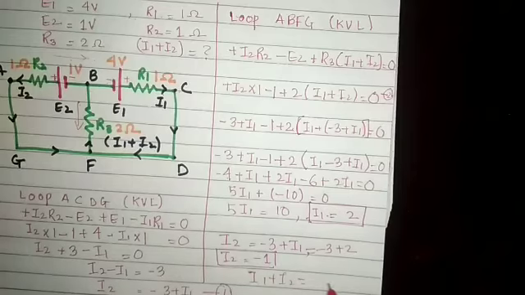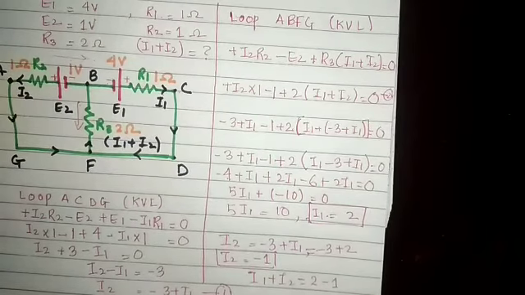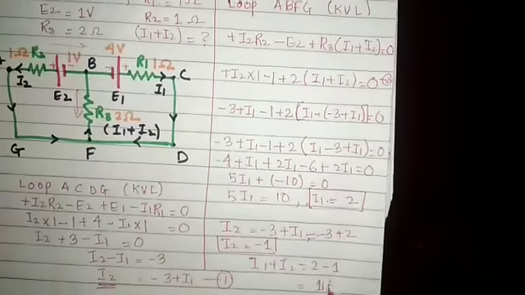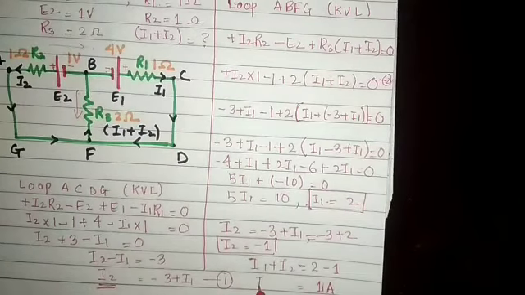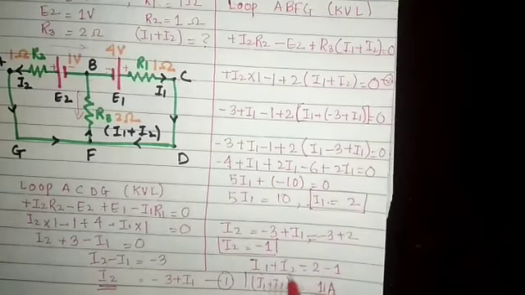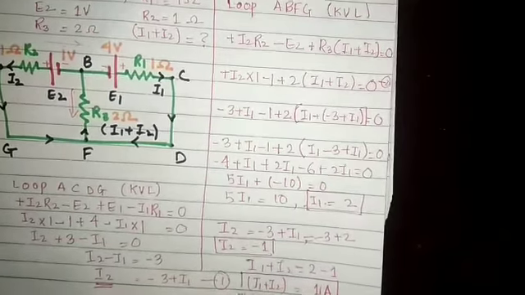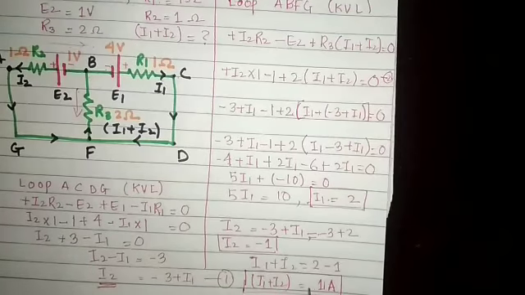So I1 is already 2, I2 is minus 1. So finally our answer is nothing but 1 ampere. So this is the total current across the resistor, that is the external resistance connected in the circuit. So our answer is 1 ohm.